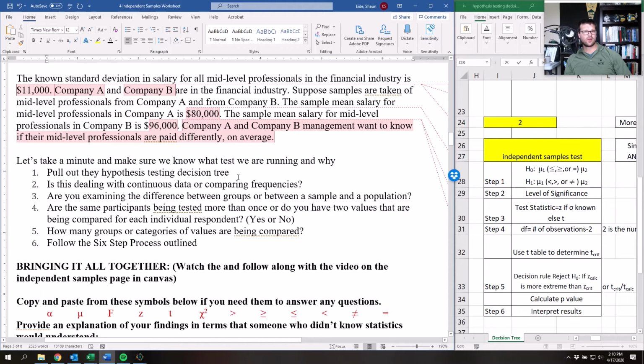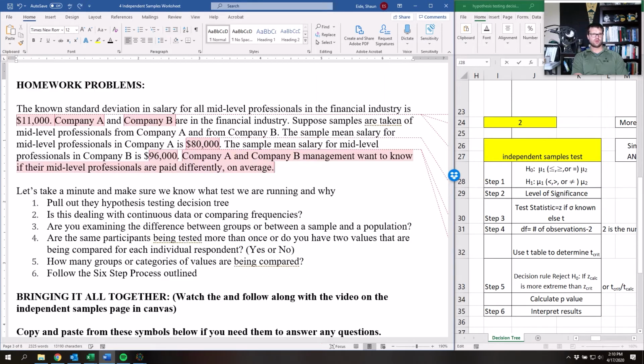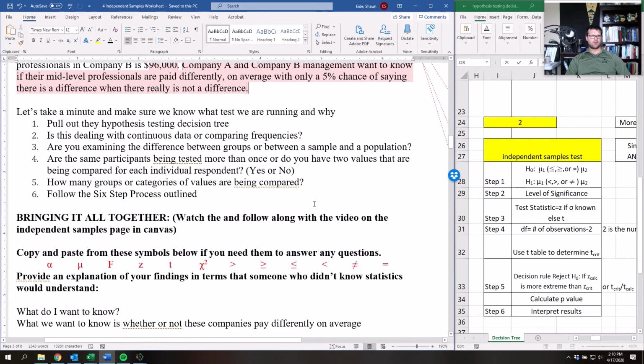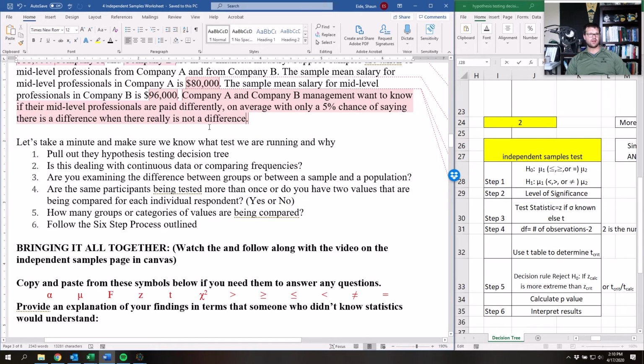So we're going to choose only a 5% chance of saying there is a difference when there really is not a difference. So we'll save that and I'll upload it. That right there is a 5% chance of saying that there is a difference when there really is not a difference.